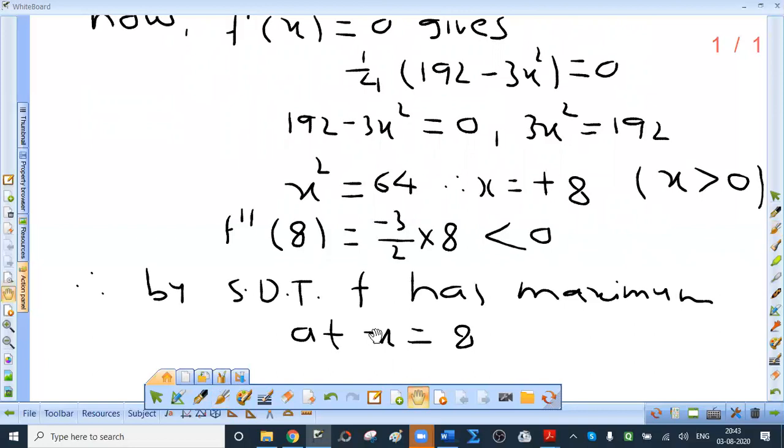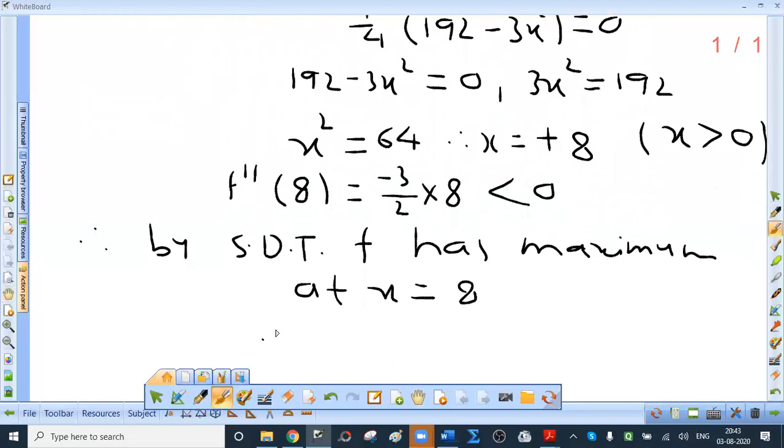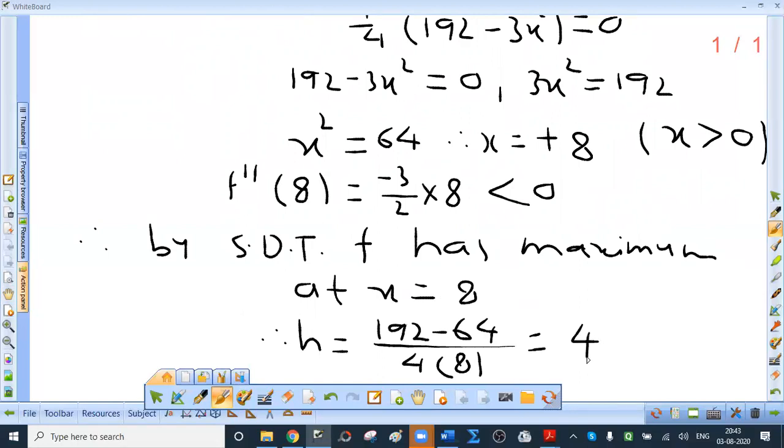Now find out h. So h equal to what? H is nothing but 192 minus, it will be 64. Check whether this is correct or not. Upon 4 into 8. So 128 upon 32. That is 4.